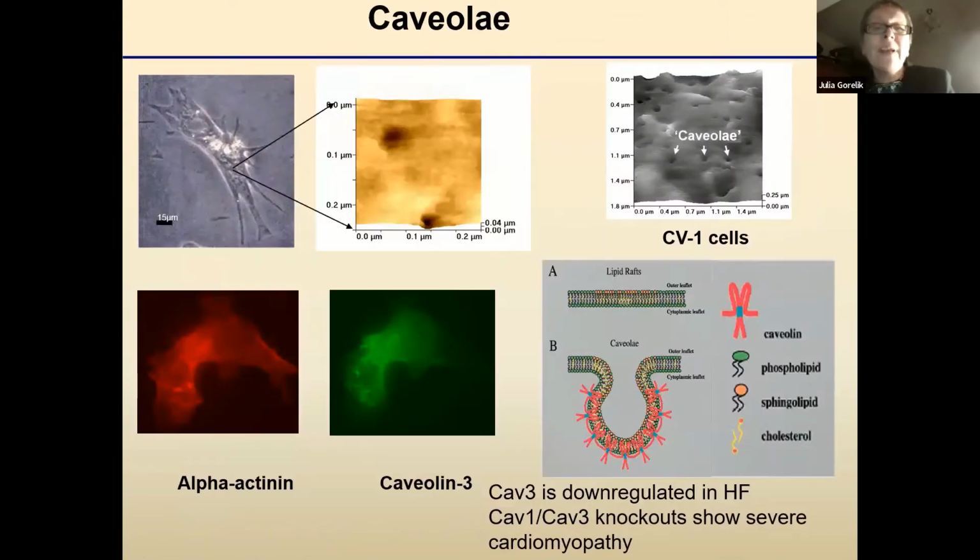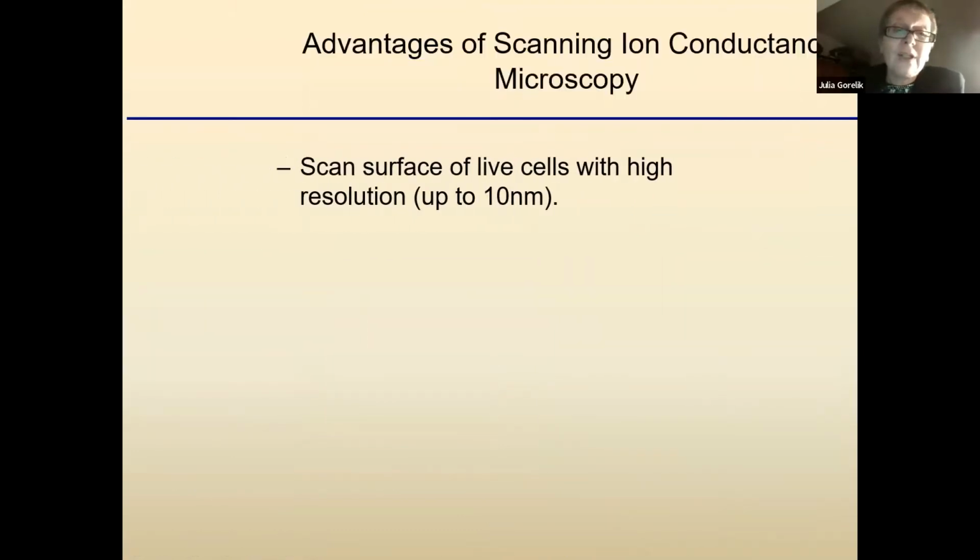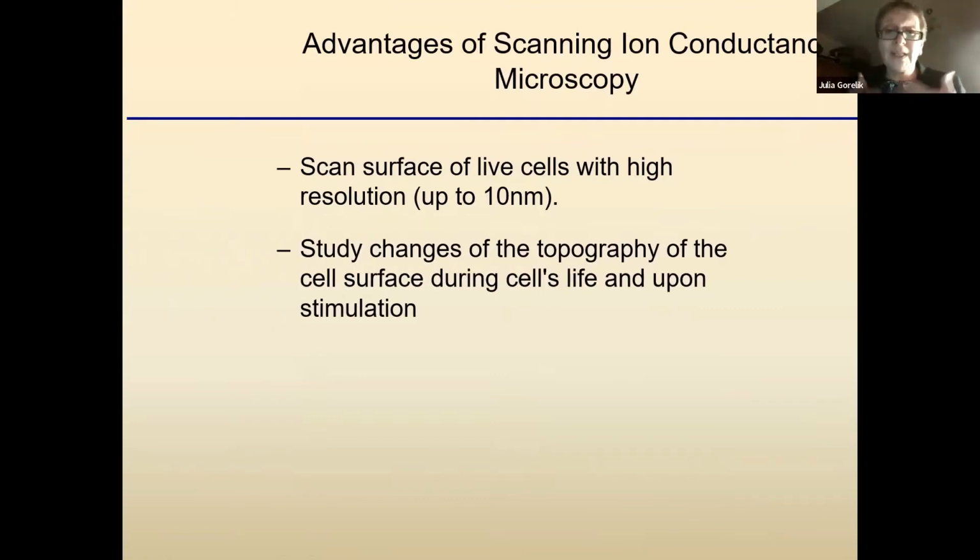Also very important, we can resolve caveolae-like structures, which are signalosomes and have caveolin. These signalosomes are very important because a lot of channels and receptors sit inside these caveolae-like structures, and this is very important for cardiomyocytes.